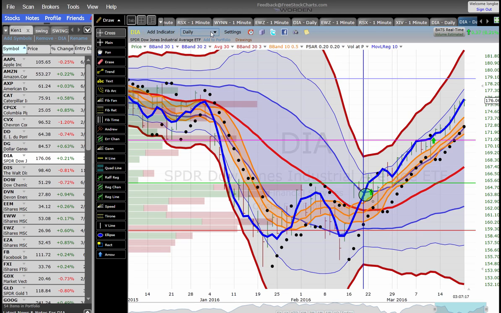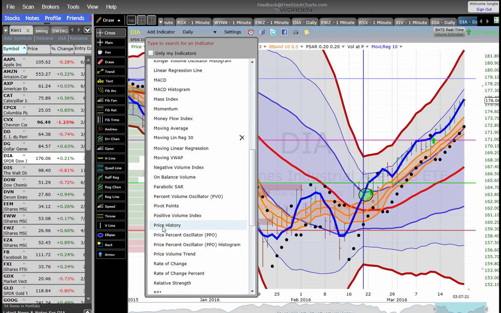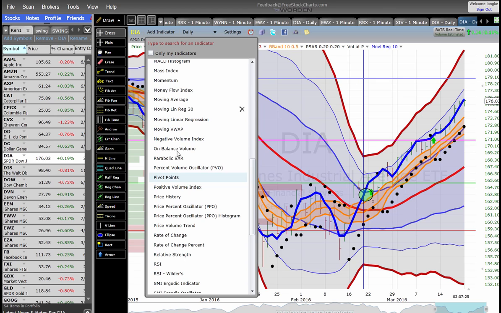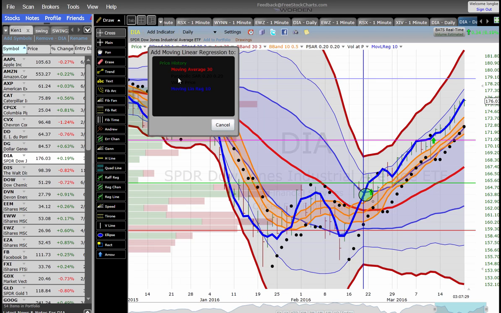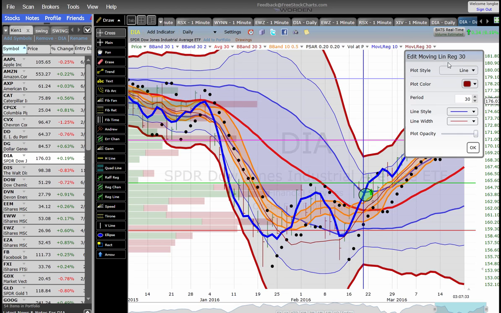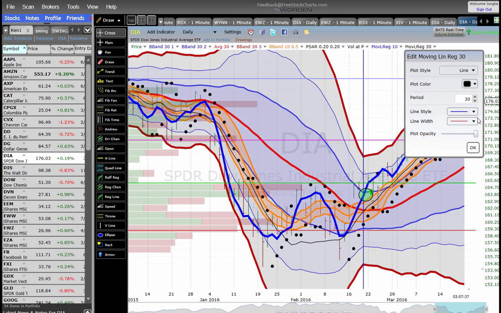And now if we add the 30 to this, let's see, moving linear regression. Standard color code of black and thick.